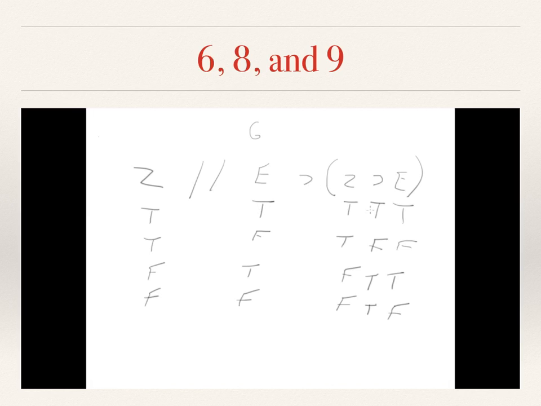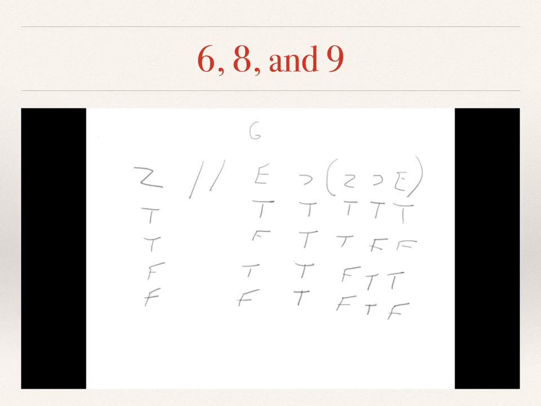True implies true is true. False implies false is true. True implies true is true. And false implies true is true. We don't have any true premises leading to a false conclusion, so this argument is valid.